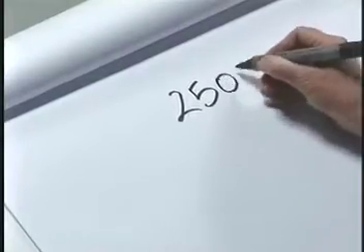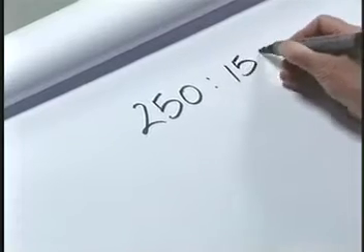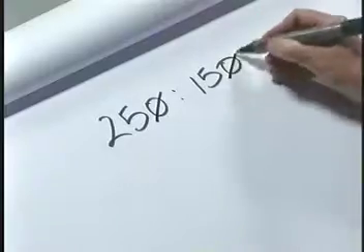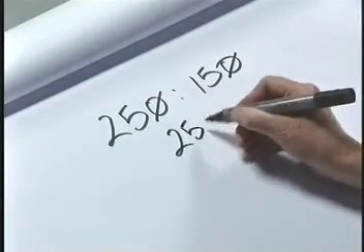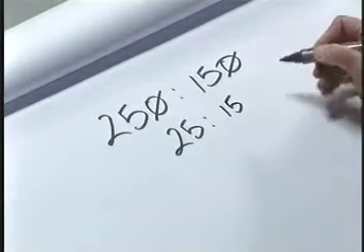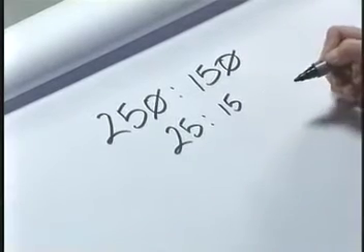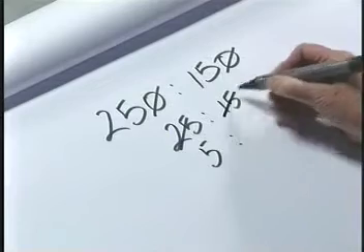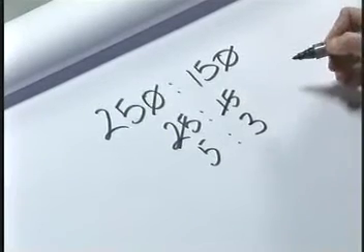If we take this example, 250 to 150, we can simplify this ratio. We divide both by 10 to get 25 to 15, and then we can divide both by 5. 5 into 25 will give me 5. 5 into 15 will give me 3.